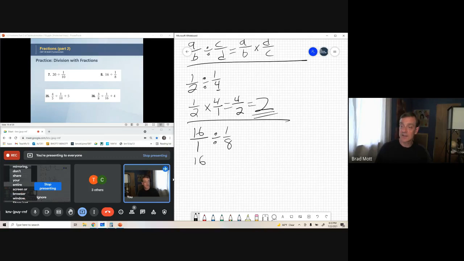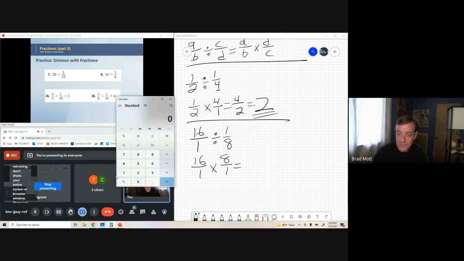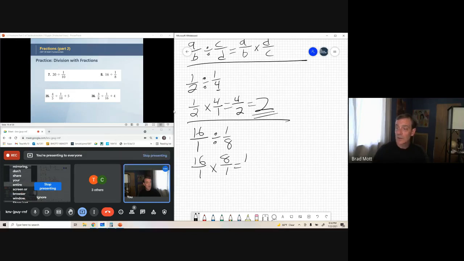So once again, 16 first times the inverse of your second term, which is 8 over 1. 16 times 8, let's see if I can do this in my head. That'd be 80 plus 48, 128. Double check that though. Yeah. Equals 128 over 1, or you can just say 128.